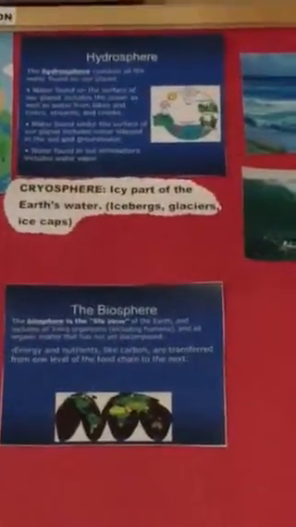Part of the hydrosphere is the cryosphere, which is the part of the Earth's water that is frozen. So I would ask students to place the illustration where appropriate. As you can see, there is a large iceberg there.